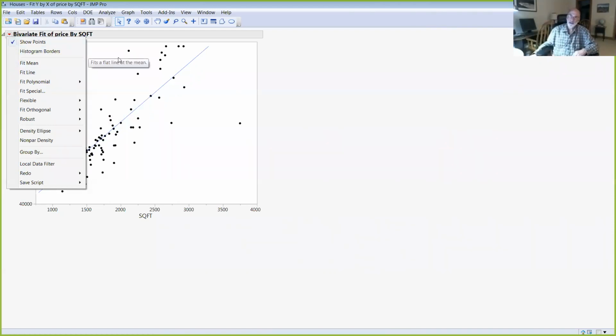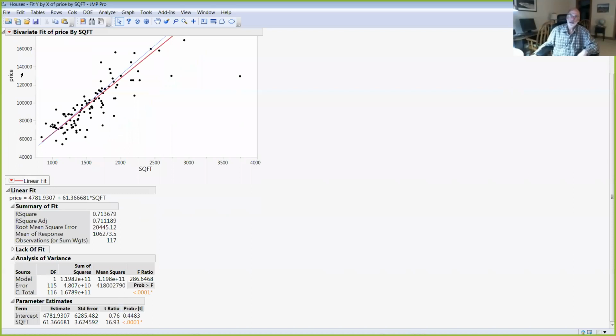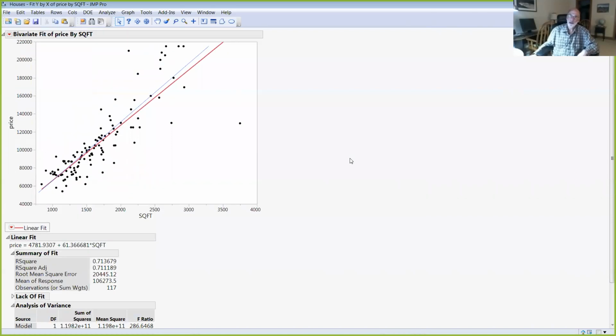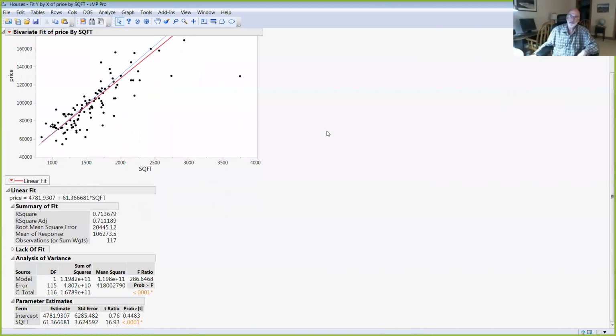Literally, it's looking at all possible straight lines it can draw, measuring the distances of all the points from that line, squaring those distances, and finding the line that has the minimum sum of the squared distances of the points from the line. When you do fit line, JMP solves that problem, and the red line is the true least squares regression line, pretty close to what I was drawing.